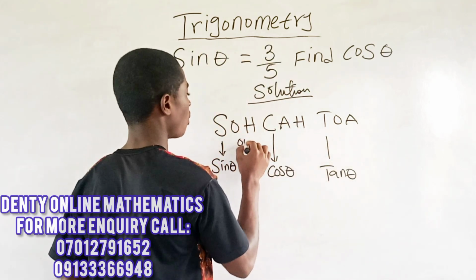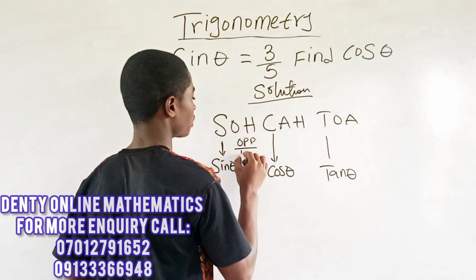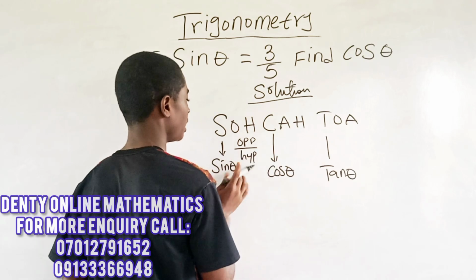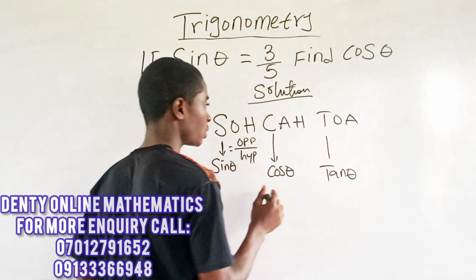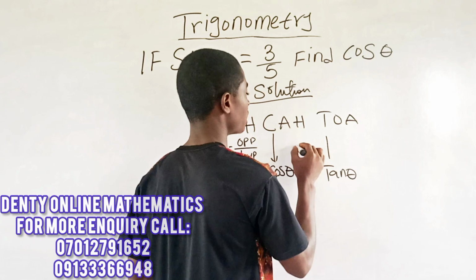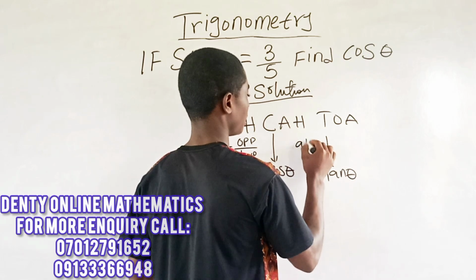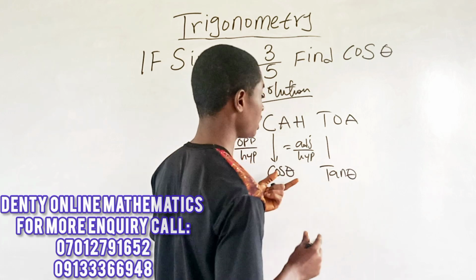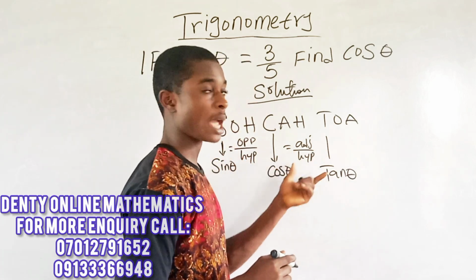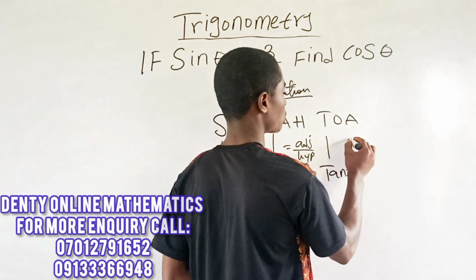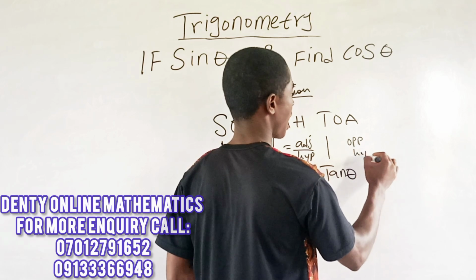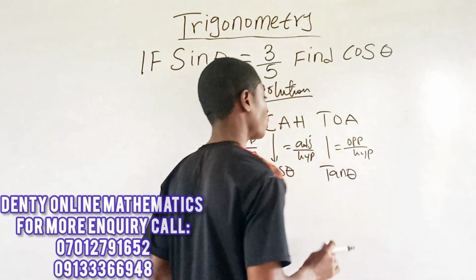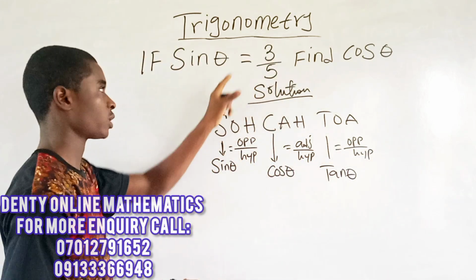O stands for opposite, H stands for hypotenuse, and A stands for adjacent. That means sin theta is equal to opposite over hypotenuse, and cos theta is equal to adjacent over hypotenuse, while tan theta is equal to opposite over adjacent. Now, we are going to use this to solve this particular problem.